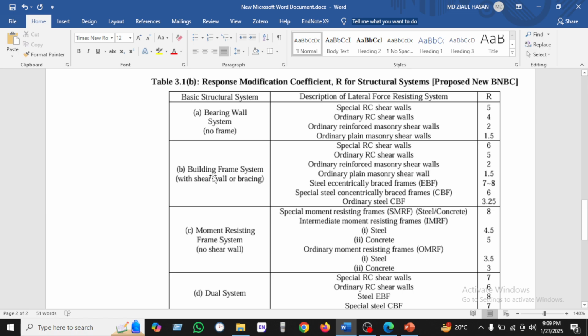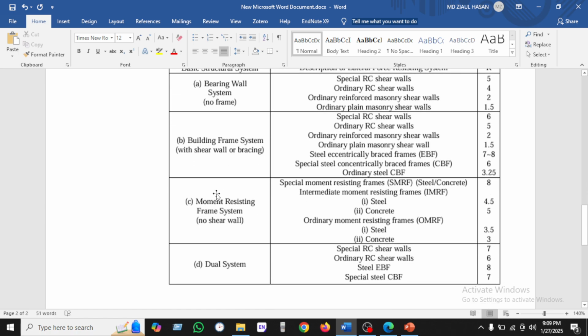But on the other hand, we see another system, the building frame system with shear wall and bracing. If they use shear wall or bracing, then the special RC wall will be 6 and the ordinary also 6, and the ordinary brick masonry wall will have this value.